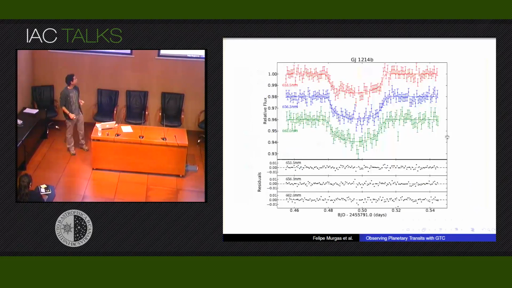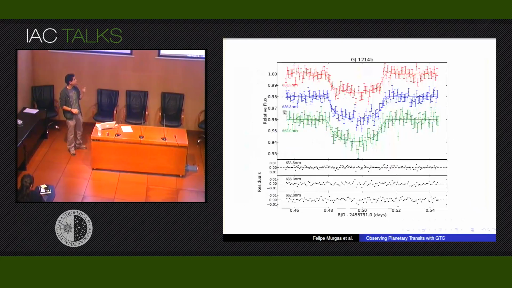But what we get is here: this is the light curve using the tunable filters for the three bandpasses, also the fit and the residuals. As you can see, it's fairly noisy, but that's because we are looking at a very narrow wavelength range.